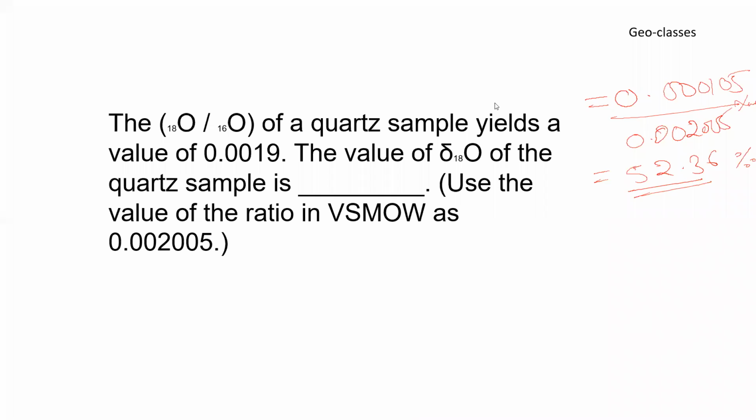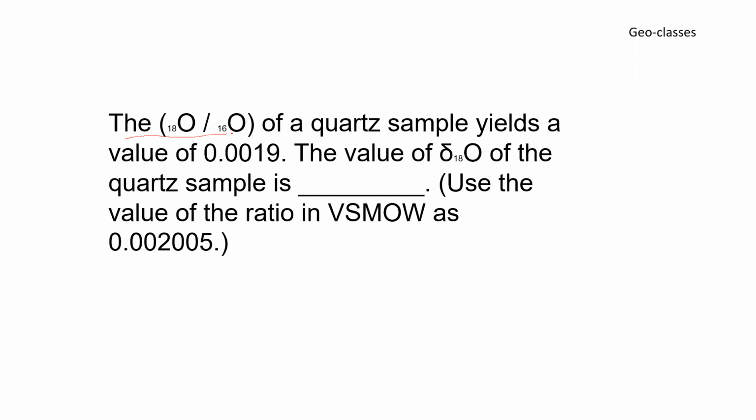One more time, right. Here it is given that the O18 by O16, which is found mainly in cold water, of a quartz sample yields a value, this much. The value of O18 of the quartz sample is dash. That's what you have to calculate.